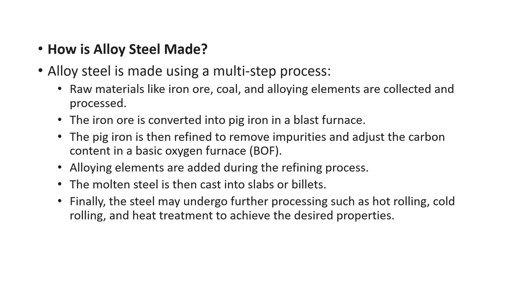The molten steel is then cast into slabs or billets. When the elements are refined, molten steel is formed, and that can be formed into slabs or billets. Billets means rectangular shaped blocks. Finally, steel may undergo further processing such as hot rolling, cold rolling, and heat treatment to achieve desired properties. After the billet is formed, it goes to various processes like hot rolling, for example forging, then extrusion.